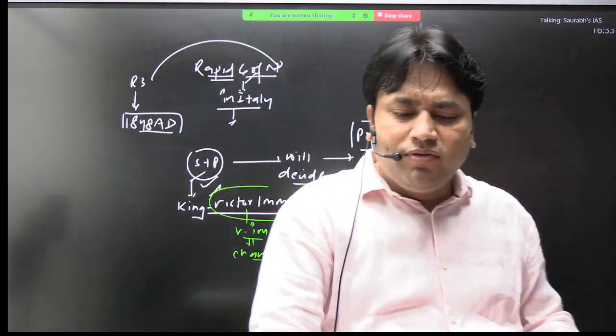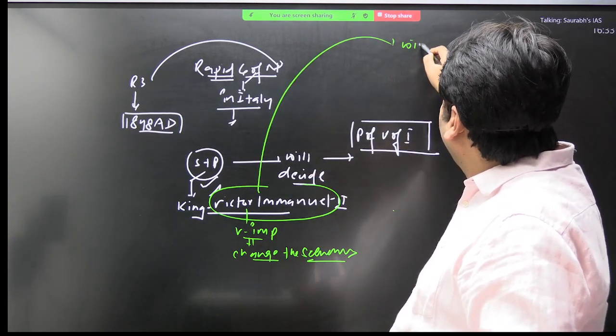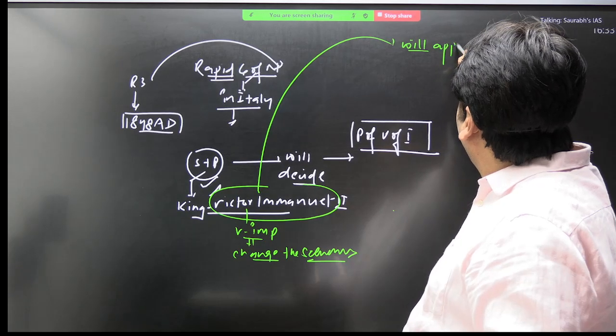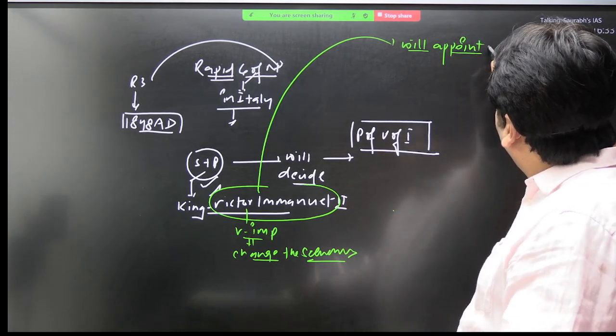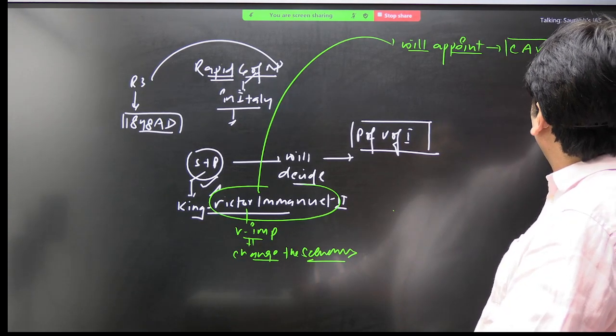Now what will happen? This ruler Victor Emmanuel II will appoint Cavour as minister for this purpose.